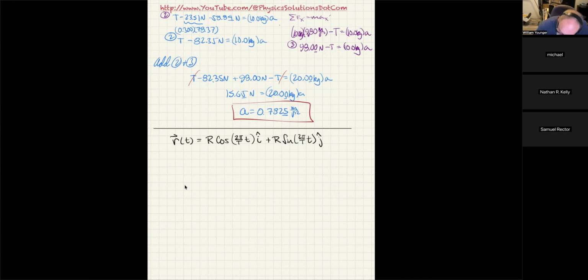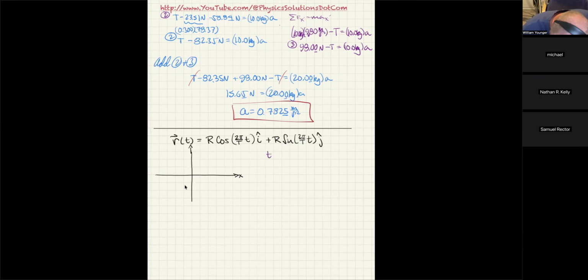Now, if you were to take time to actually graph this vector valued function as a function of time, then the results would look like this. Here's my x-axis. Here's my y-axis. And what you could do is make a data table, if you will.